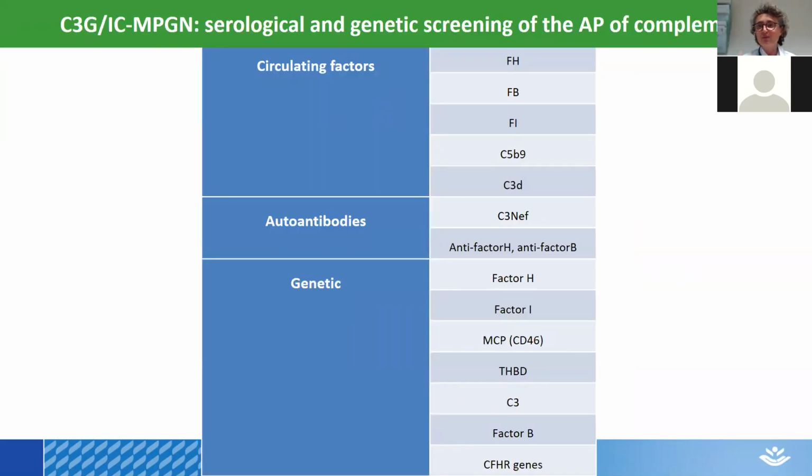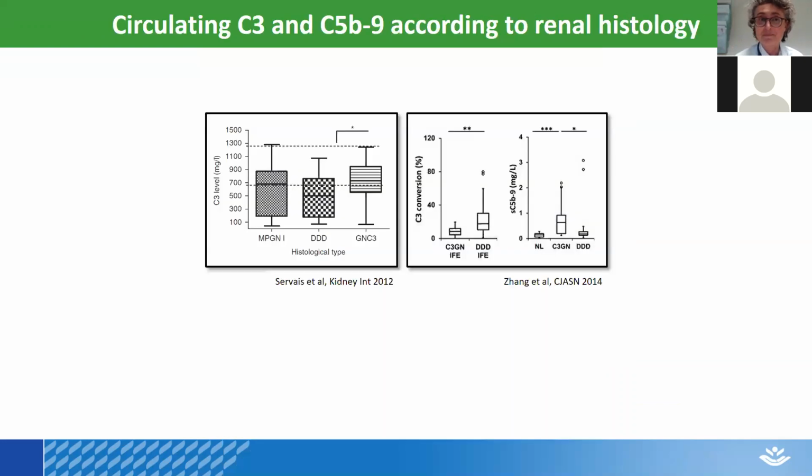And that's the reason why when we make a diagnosis of this type, it's very useful to measure different circulating factors, different antibodies, and to look for certain genetic alterations of complement to be sure that our diagnosis is correct and that this is indeed the condition that a certain patient has. There are also some markers that we can measure in the blood that are circulating, like C3 and C5b9.